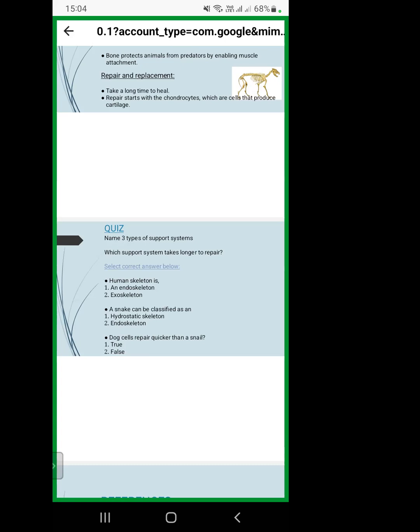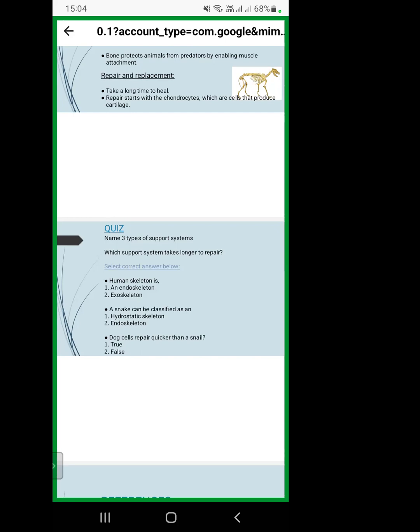Now, the next question, which is the multiple choice. Select the correct answer from the answers below. A human skeleton is classified as 1, an endoskeleton. So a snake is a what? Also 1, number 2, which is also an endoskeleton.